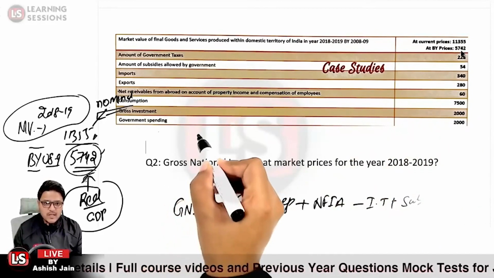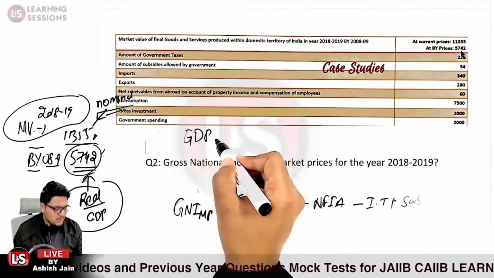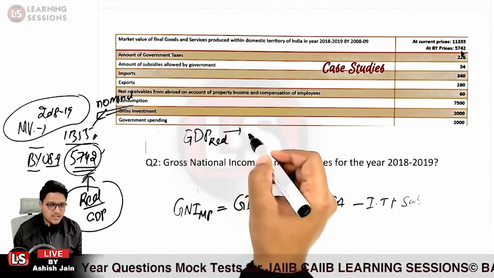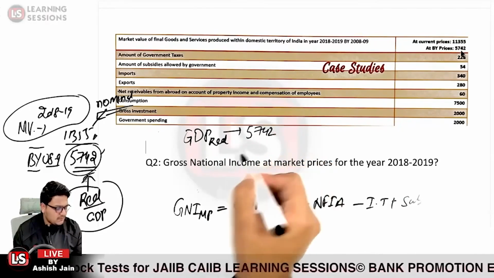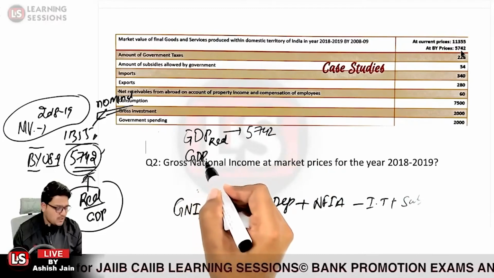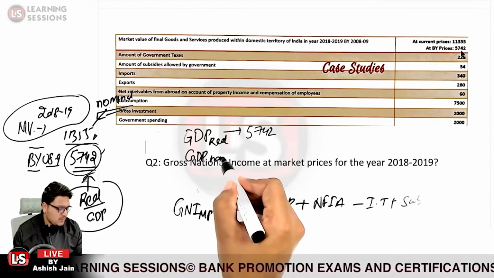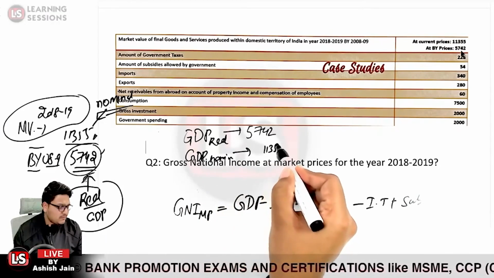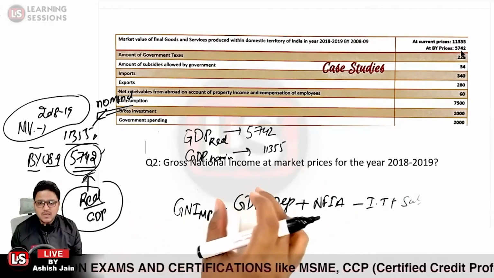Let me write it over here. Real GDP, that is the GDP at constant prices, is 5742, and the nominal GDP over here is given to be 11355.